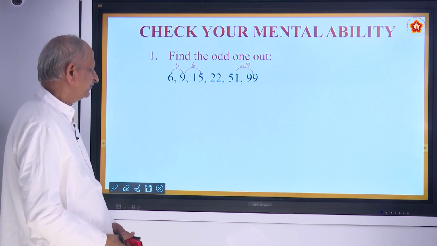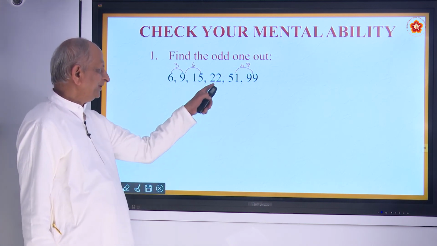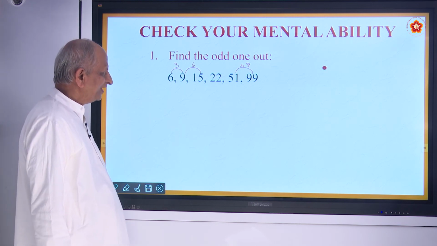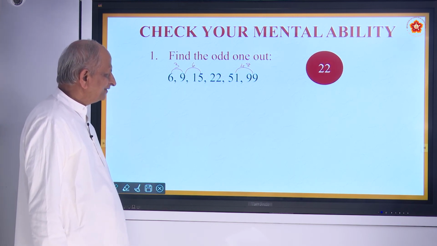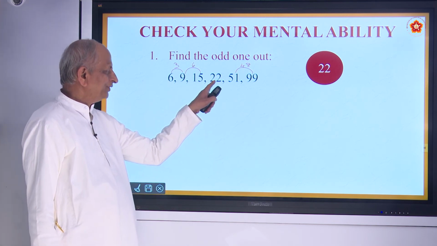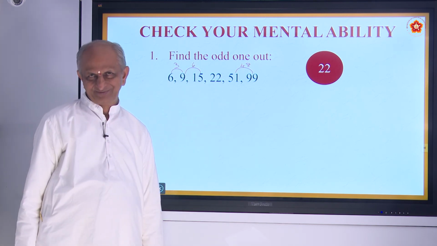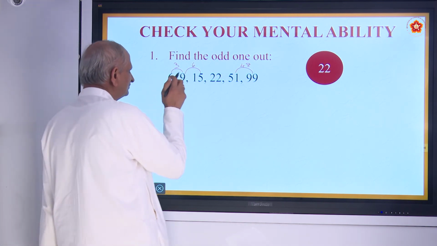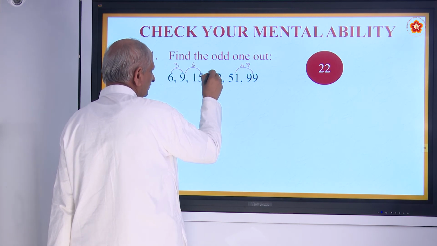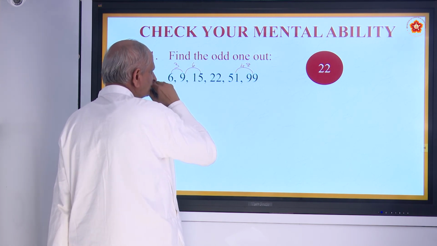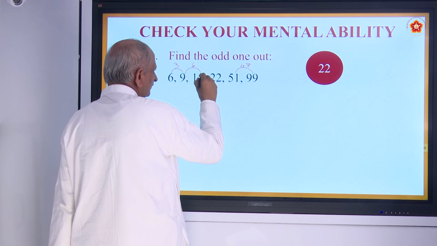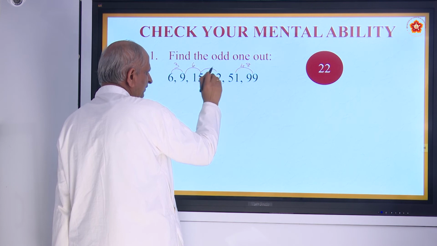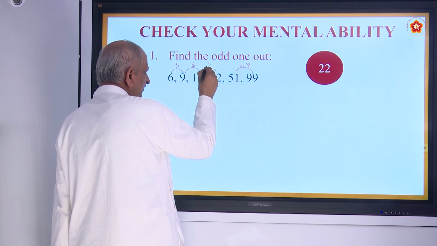So, 3, 6. What do you expect here? Come on, all of you can do it. So, 22 is the odd man out. It is not in the series. What should be there actually? It will be 24. So this will be 24, but you are given 22. So that is the mistake.